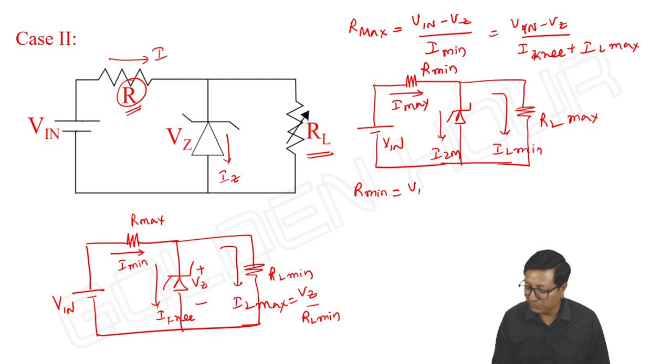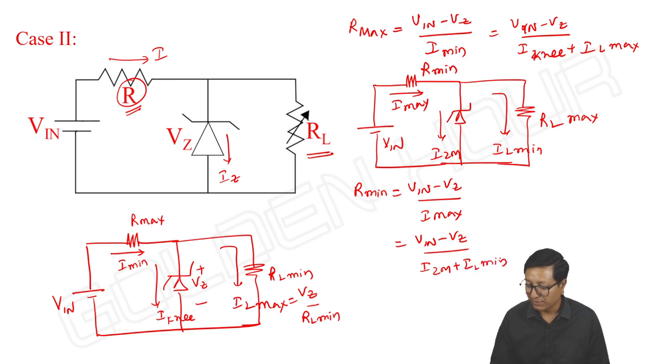It is equal to V in is constant, Vz is constant, but I should be maximum. It is V in minus Vz by Iz maximum plus IL minimum, where IL minimum is equal to Vz by RL maximum. That's it. No doubt about it.